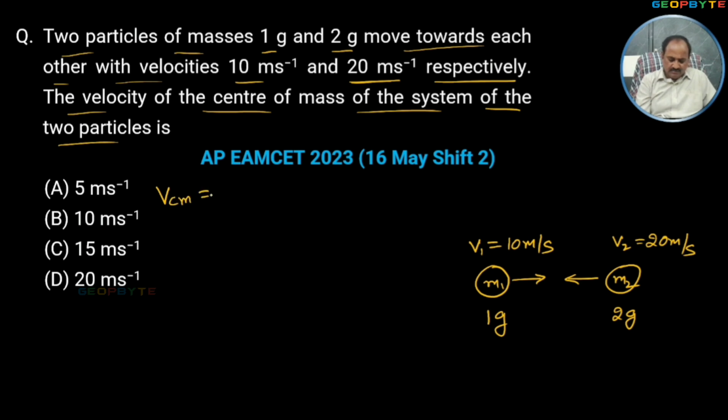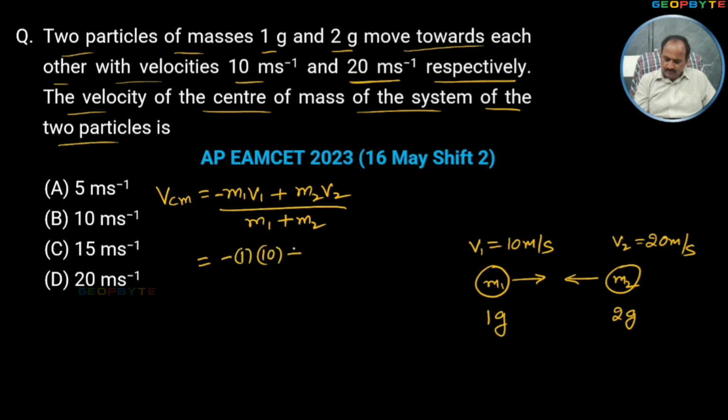Velocity of the center of mass equals m1 v1 plus m2 v2 divided by m1 plus m2. Since v1 and v2 are opposite, I can take minus m1 v1 plus m2 v2 by m1 plus m2, which is minus 1 into 10 plus 2 into 20 divided by 1 plus 2.